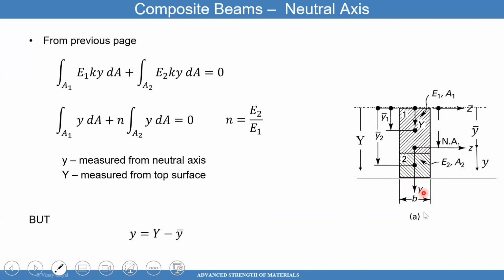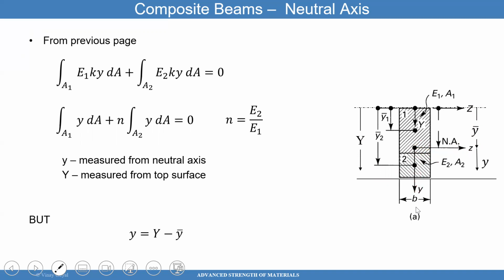You can relate all of them. So for example, this y here has to be equal to this whole Y minus Y bar. That will give you this y here.